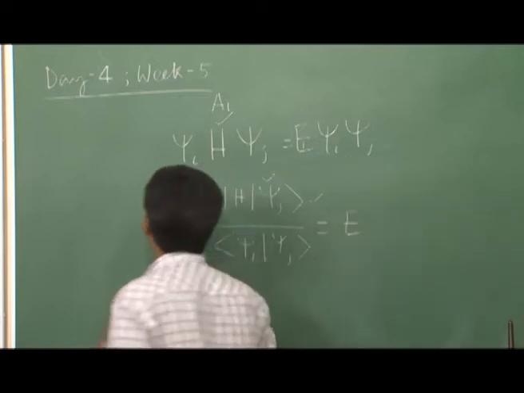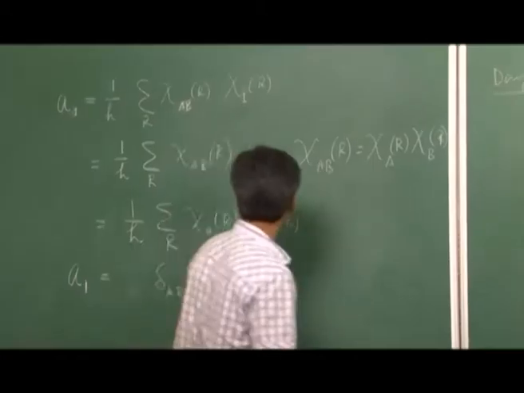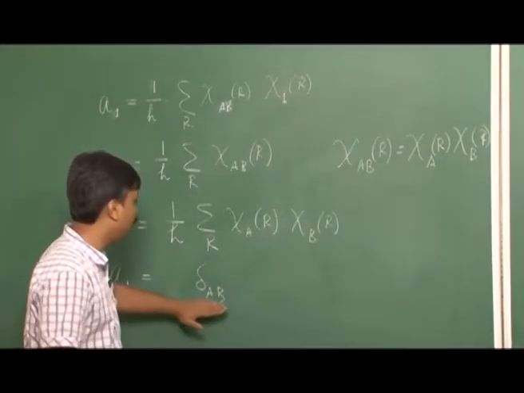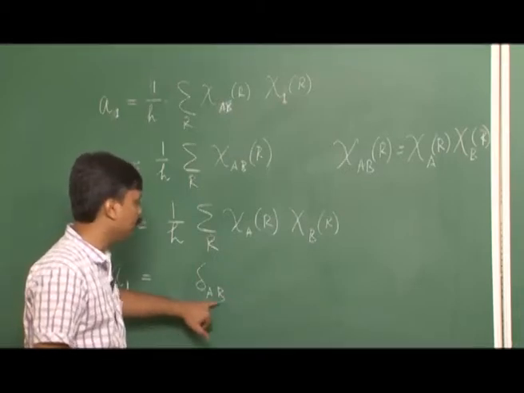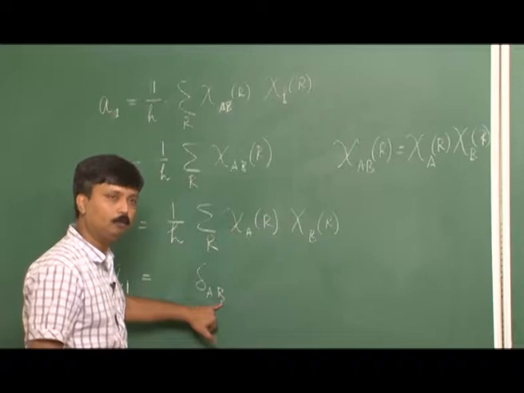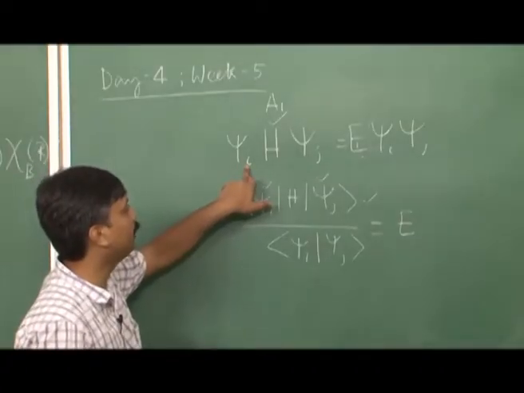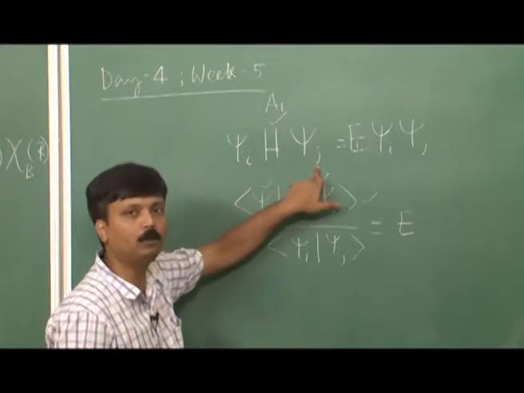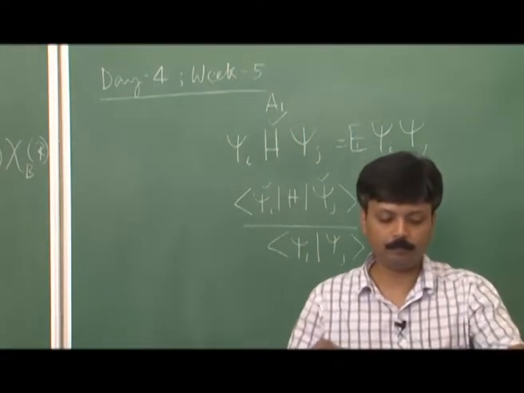Okay, so just now we have seen that the totally symmetric IR will be contained within the direct product representation only if the two IRs that we are combining are equal. Fine. So that means the IR to which psi i belongs must be the same IR to which psi j belongs. Okay, so that's what is stated here.